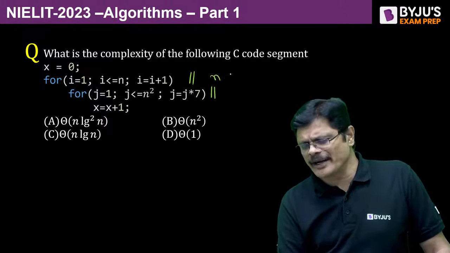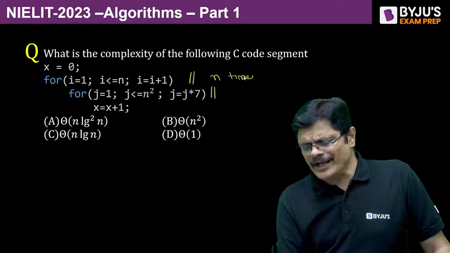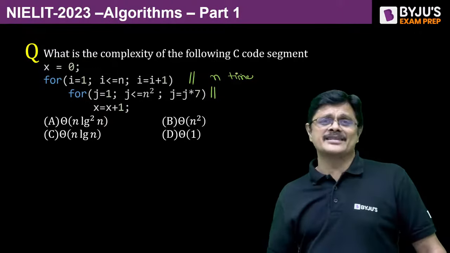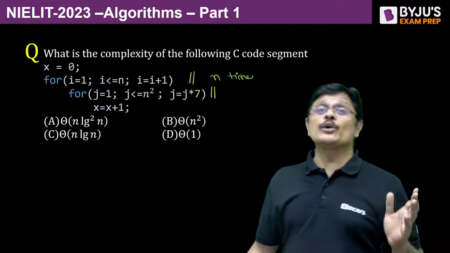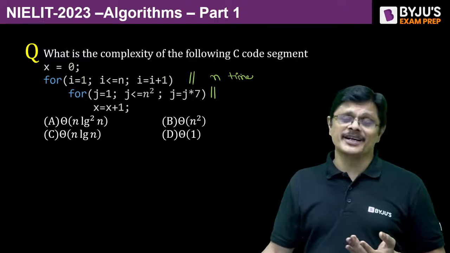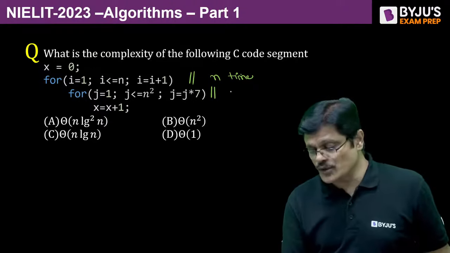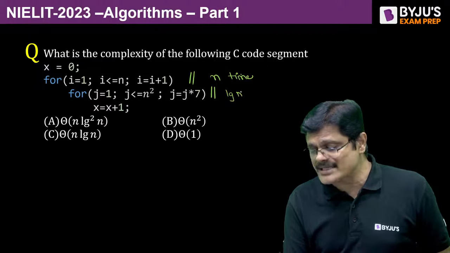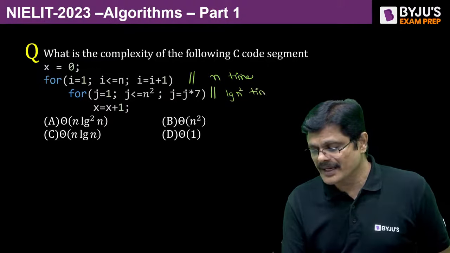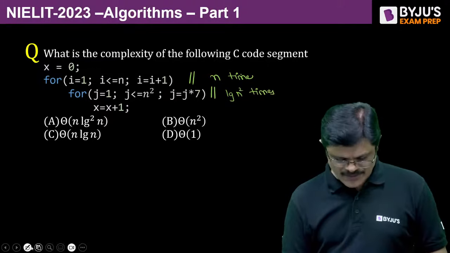Whereas the second loop iterates log n square times, because you are reaching 1 to n square in multiples of constant.